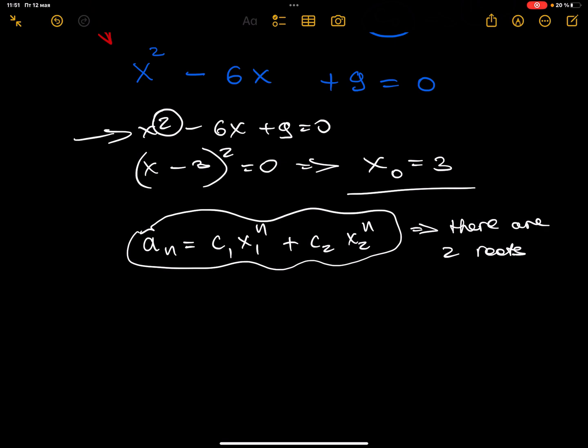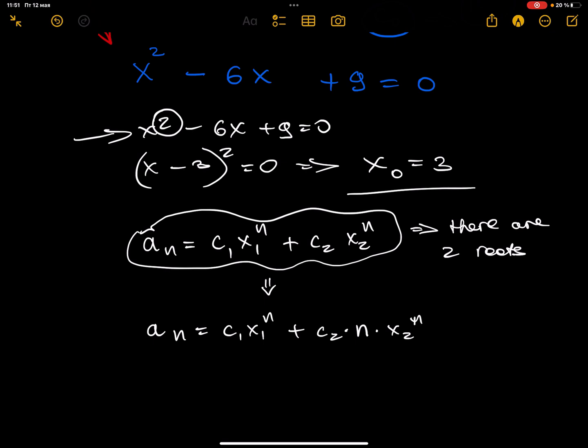But if you have just one root, like in engineering mathematics, if you remember differential equations, when you have one root in a homogeneous equation, you add n to the power 1.